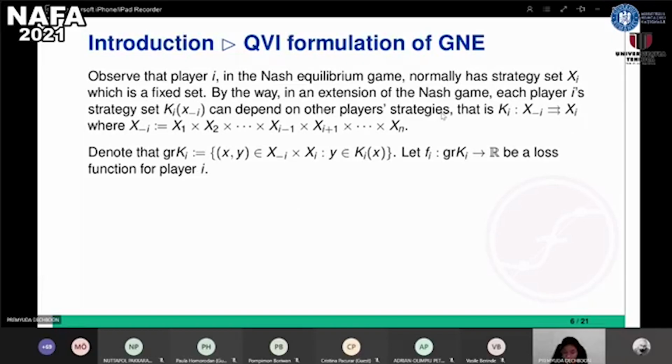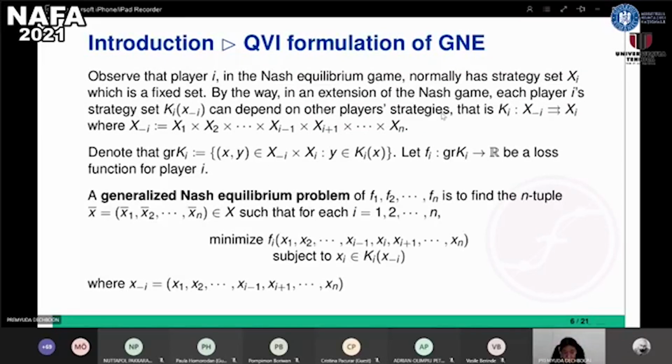So we can study the extension version of the Nash equilibrium problem, known as the generalized Nash equilibrium problem. That is, we write it as a minimization problem, but at the i-th component, it depends on the set-valued mapping Ki.